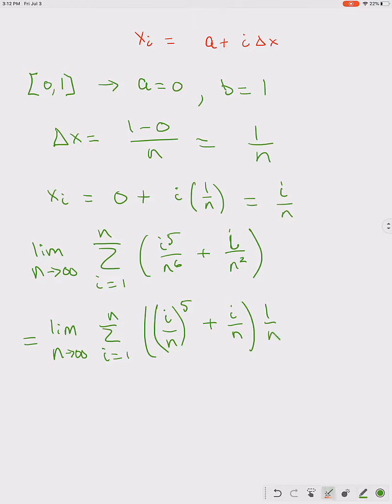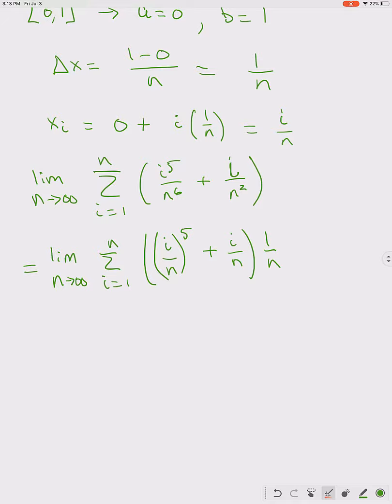What I did was take i to the fifth and leave it alone. I factored a 1 over n out of this term and put it out here, and that left me with i to the fifth over n to the fifth, and I combined those together. Then I took 1 over n out of this term and wrote it on the outside, and that left me with i over n.